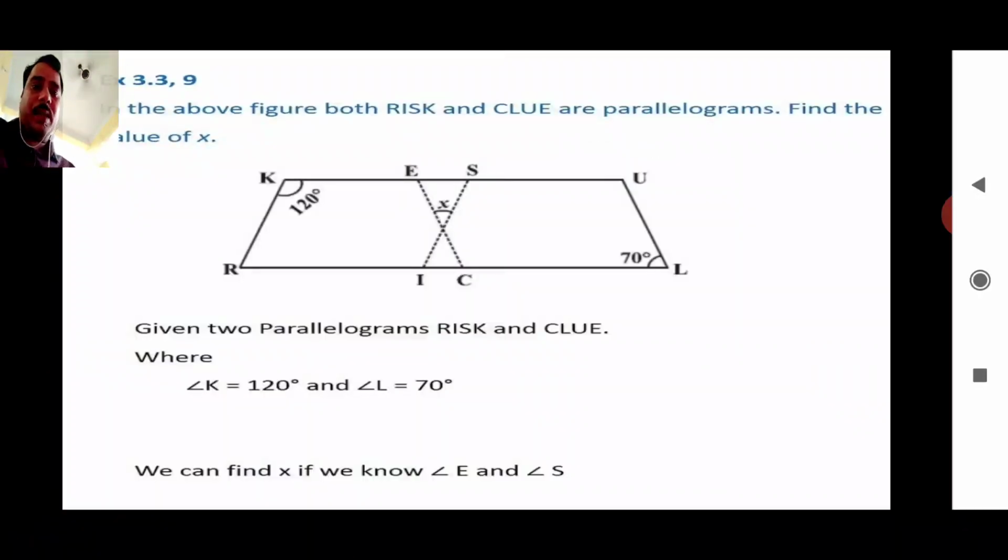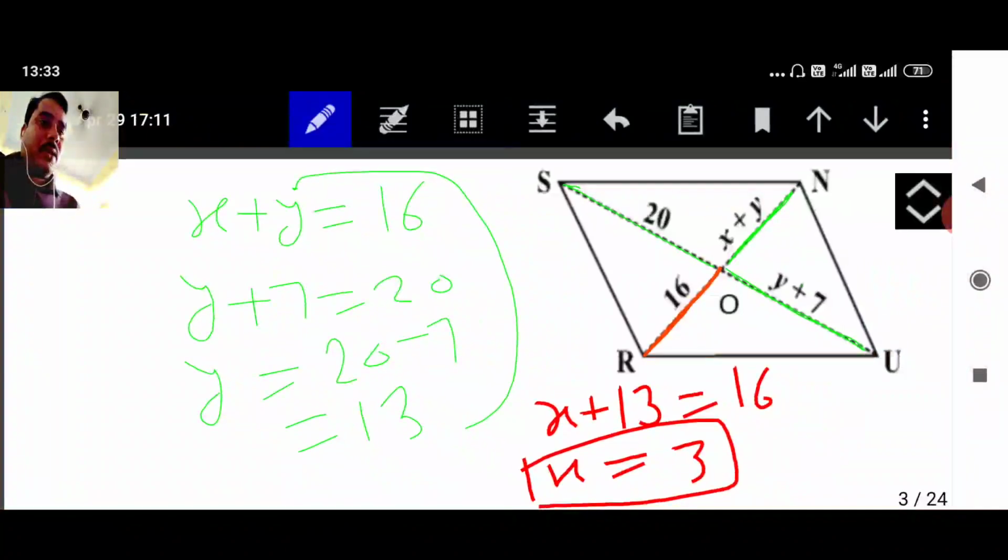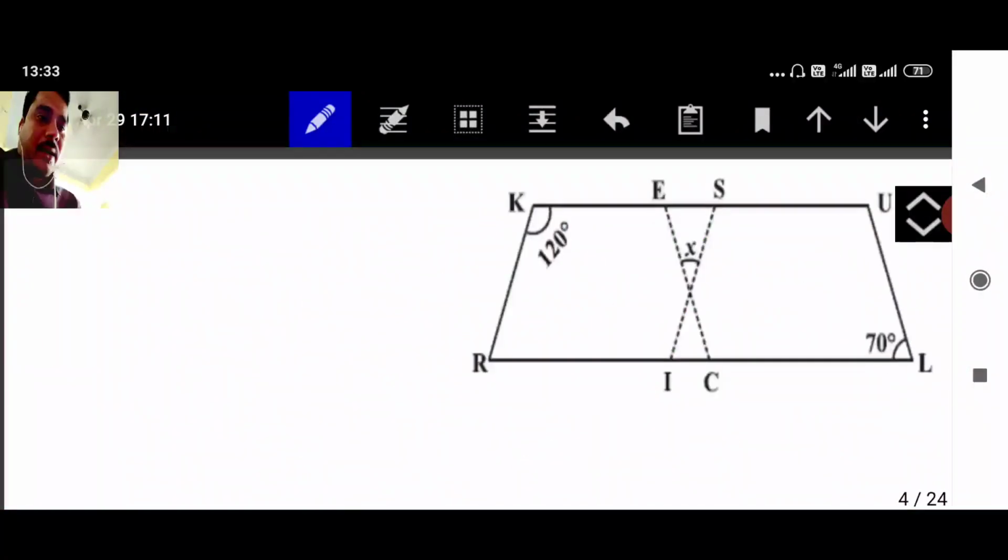Next one. In the above given figure, both RISK and CLUE are parallelograms. Find the value of x. Okay student, here we want to find the value of this angle, and we are given that this is a parallelogram.